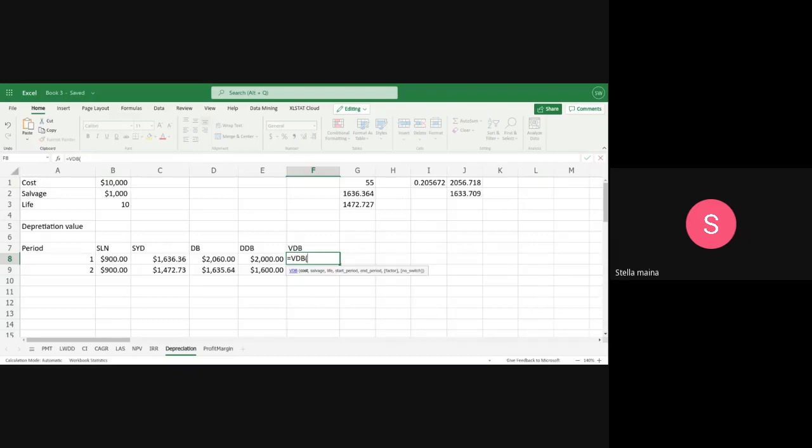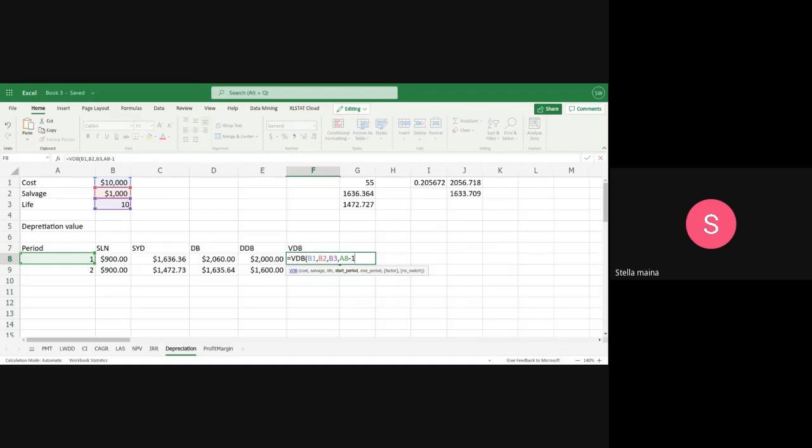So we will have our cost, which is B1, our salvage, which is B2, our life, which is B3, and now we are going to say our start period. So we are going to say A8 minus 1.